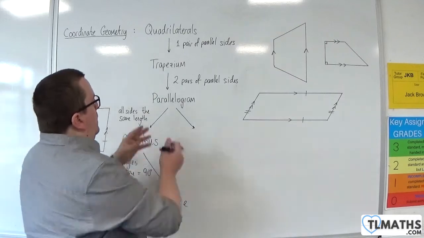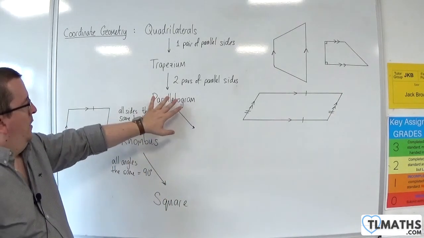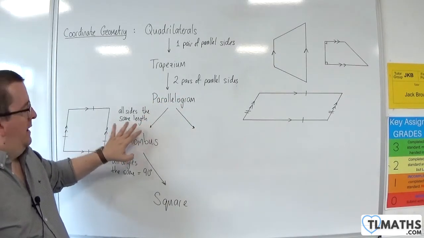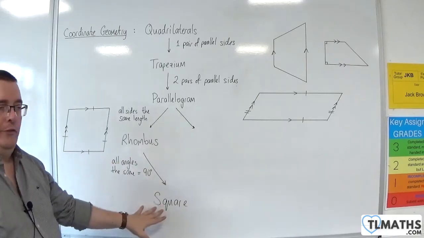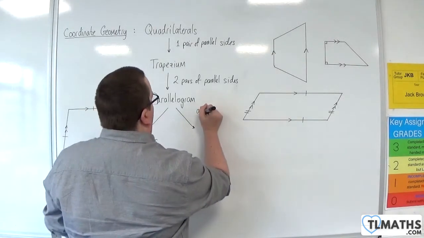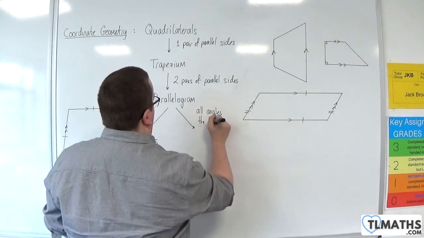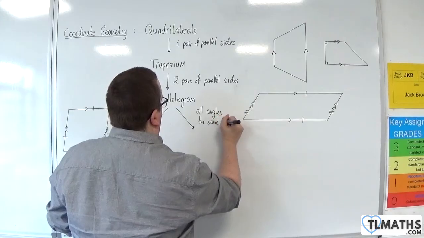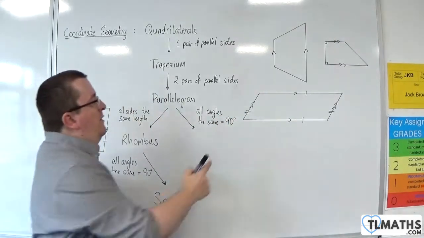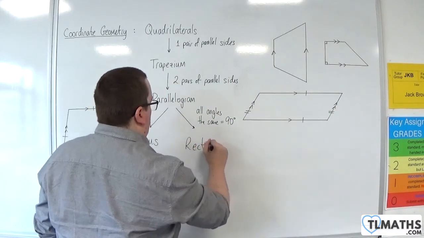Now, if we go back to the parallelogram, then we branched off saying, well, we could make all sides the same length, and then all angles the same. If we did that in reverse order, if we did all angles the same, so 90 degrees, so if all our angles are 90 degrees, then we would have the rectangle.